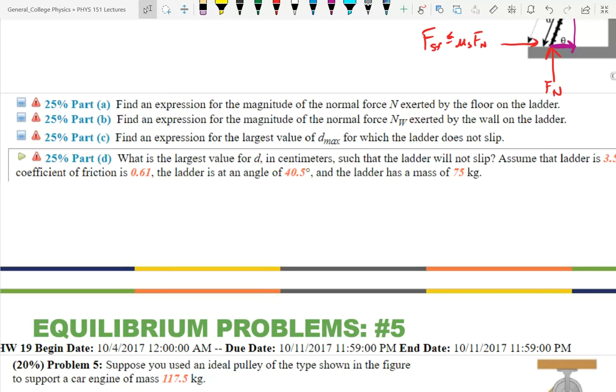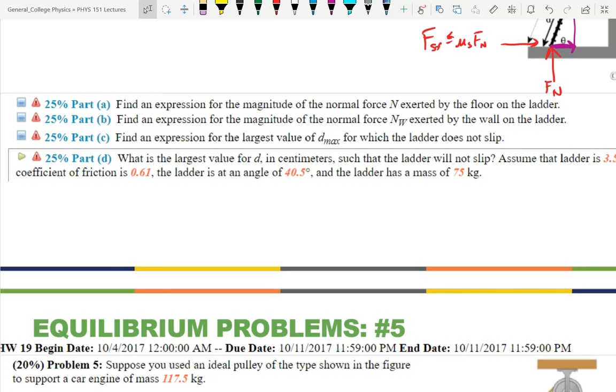Find an expression for the largest value, D max, for which the ladder does not slip. Oftentimes no one ever even realizes that if they step on the bottom rung and it doesn't slide, that doesn't mean it's safe to climb to the top. We tend to assume if you can start the ladder, you can climb to the top. That's not true necessarily.